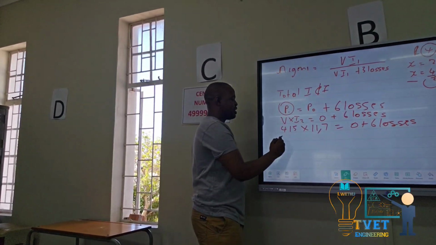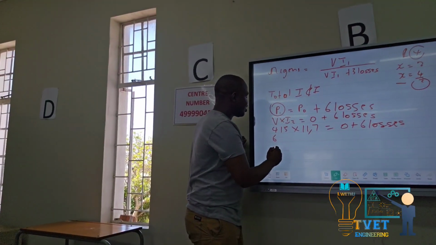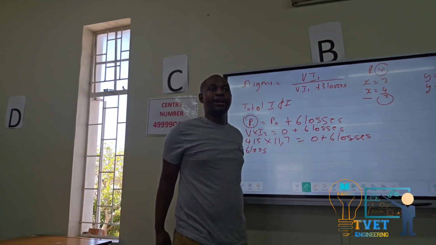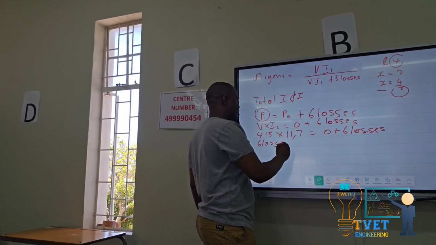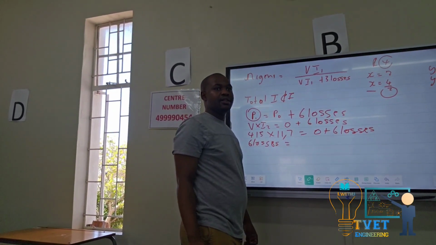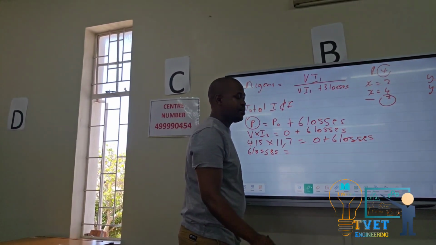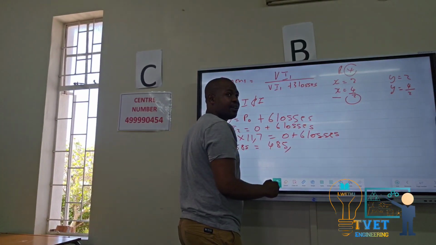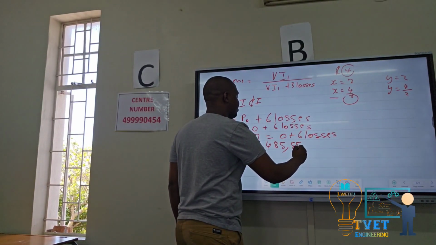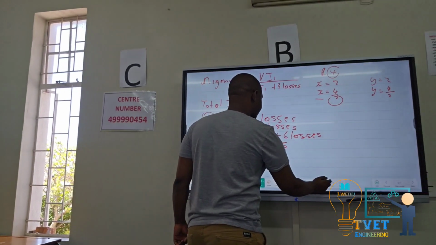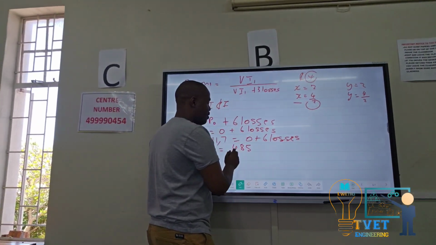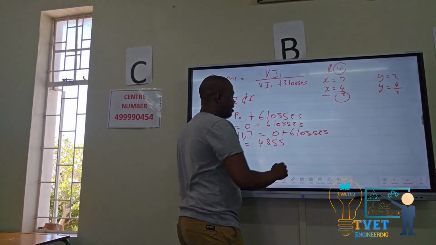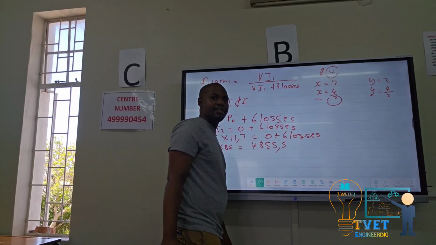In total, the losses are 6, the 10 combined. 4855. 4855. 4855. Okay.